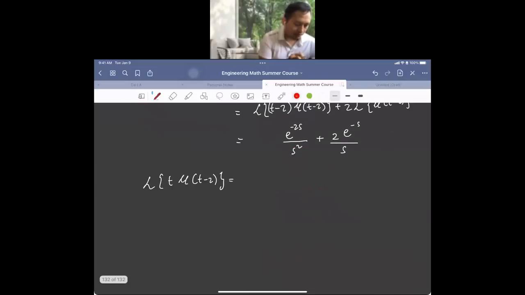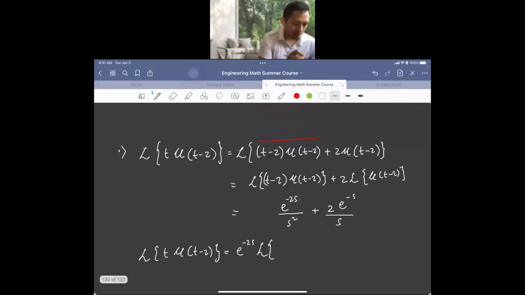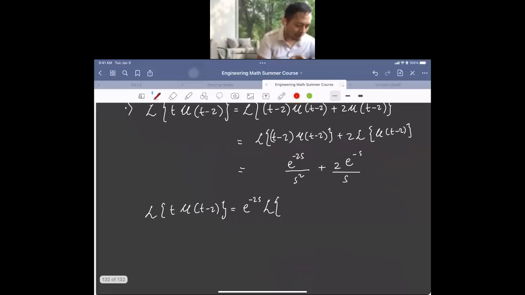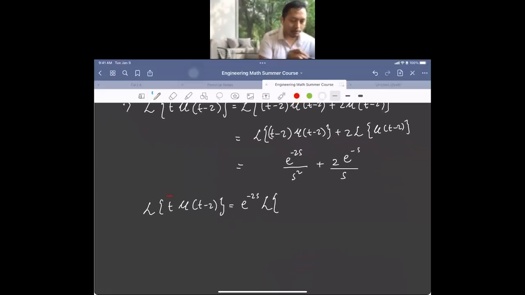So a is 2, so e to the negative 2s, and then Laplace of g of t plus a, so it becomes t plus a. The function g here is just t, so we can write t becomes t plus 2.